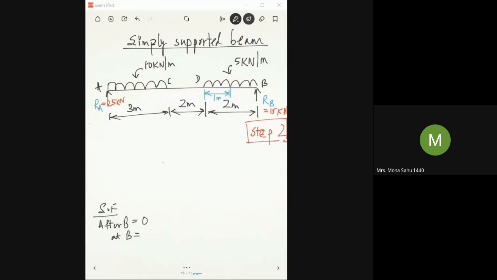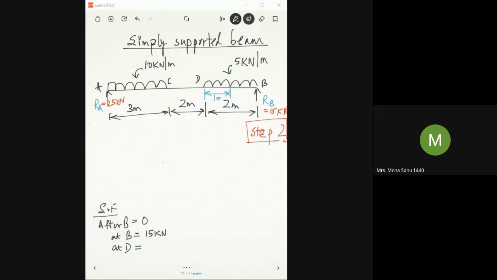And at B, it's an upward force, so it is 15 kilonewton. Clear? And at point D, there is no point load, so no after and at. Okay, all of you know that for a point load, you have 2 points to draft in the shear force diagram. That's why we're doing after and at.